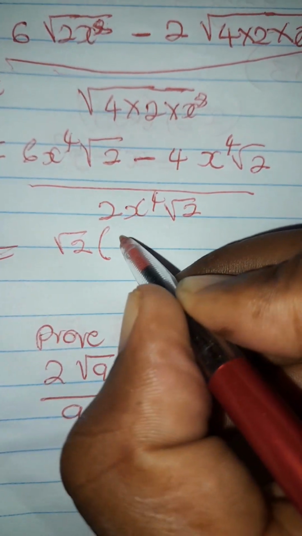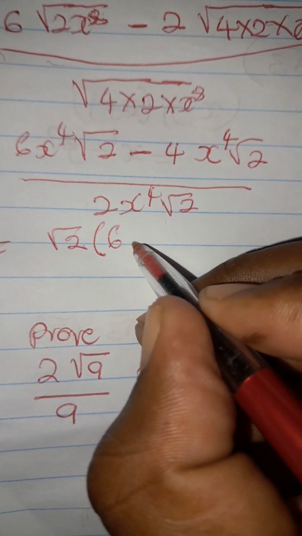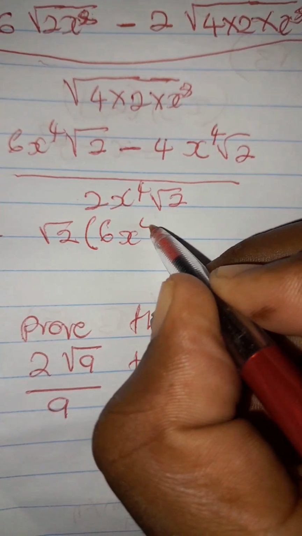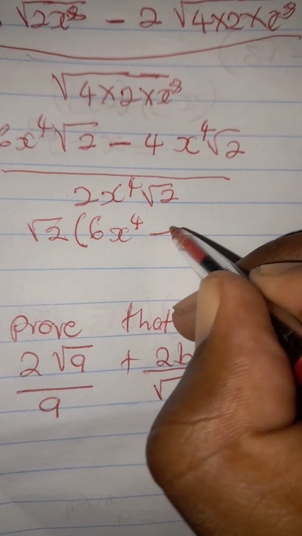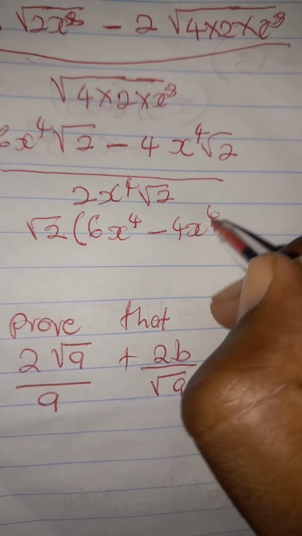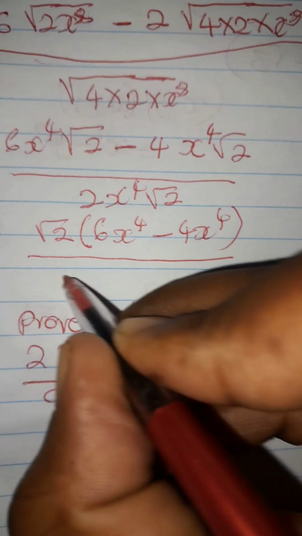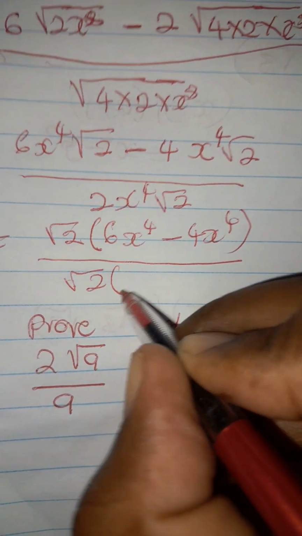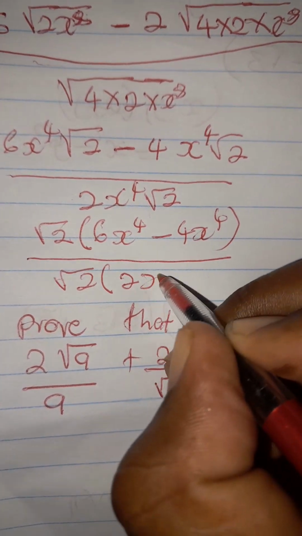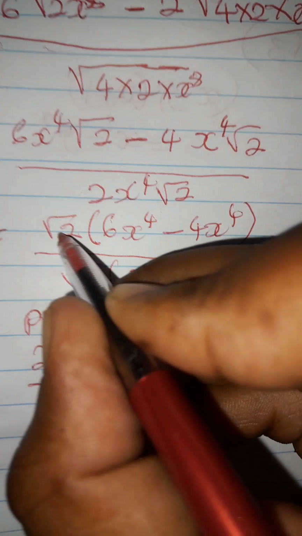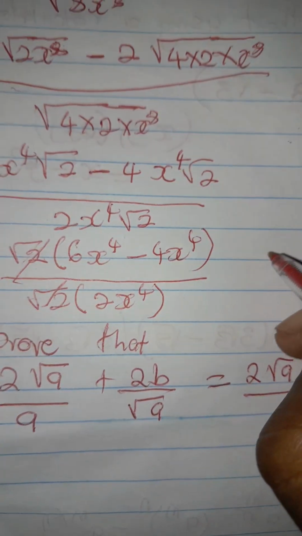So when you take out root 2 there, we factor it out. So we are going to have 6x to the power of 4 minus 4x to the power of 4. Similar approach even in the denominator. Take out root 2, so we're having 2x to the power of 4. Then root 2 and root 2 cancel each other.